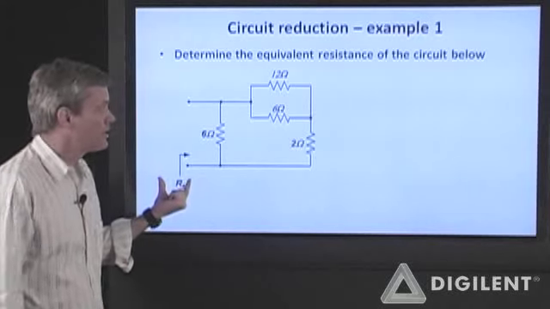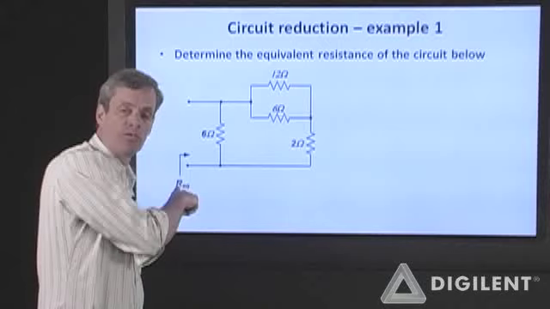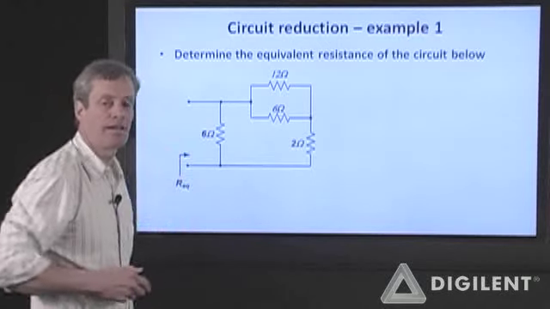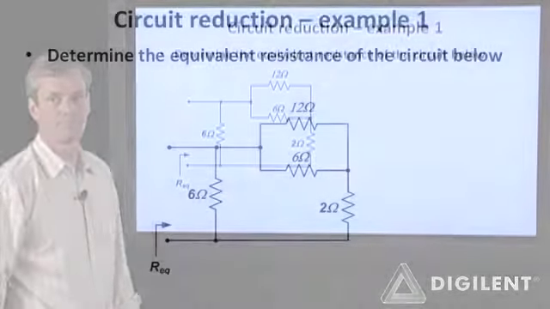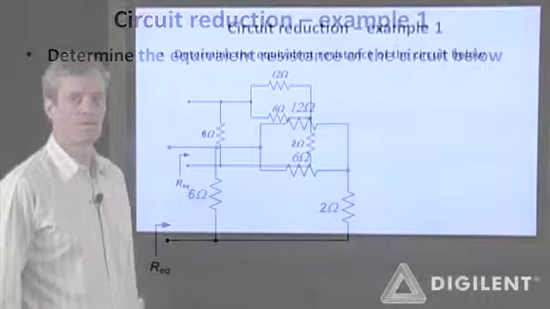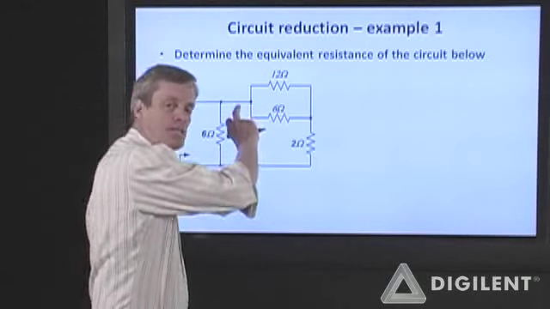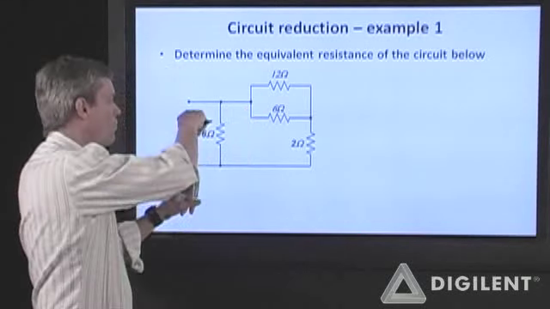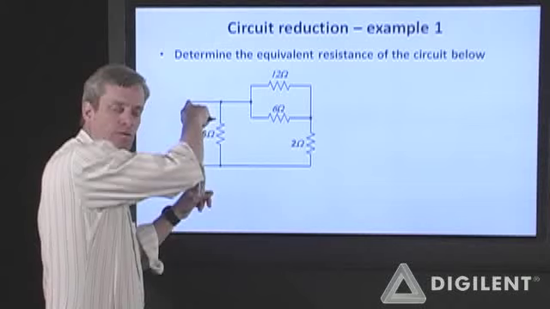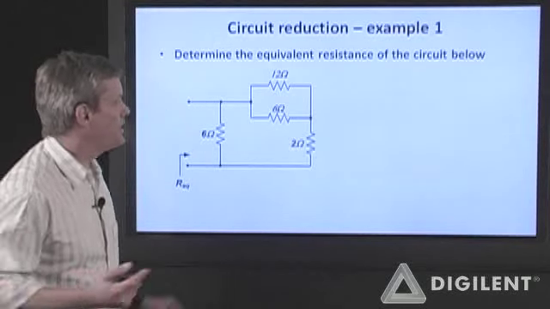What I want is to take this network and determine simply an equivalent resistance as seen by anything that I hook up to these terminals. I want to combine these resistors so that they become a single resistance with the same resistance as seen from these terminals here. So I'm going to look for parallel and series combinations.